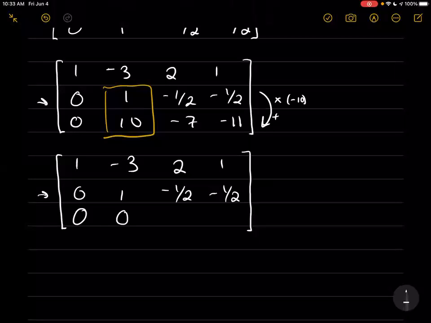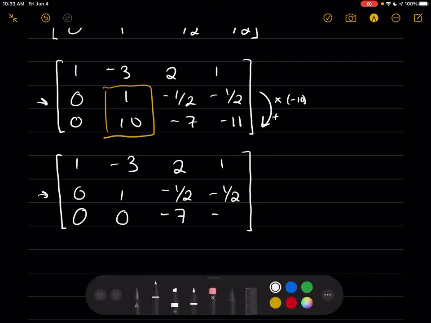And then -10 times -1/2 is 5. So 5 plus -7 is -2, and 5 plus -11 is going to be -6.